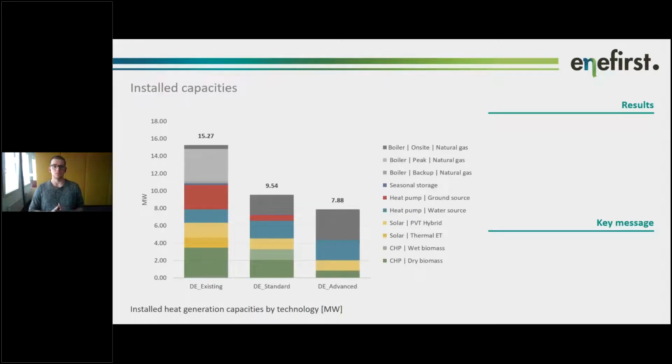So let's have a look at the big picture. What you see here are the installed capacities for the 3 scenarios for this entire average year. We can see quite clearly that heat generation capacity reduces by 40% in the standard case and almost 50% in the advanced case, because heating demand is just significantly lower due to the building retrofits.